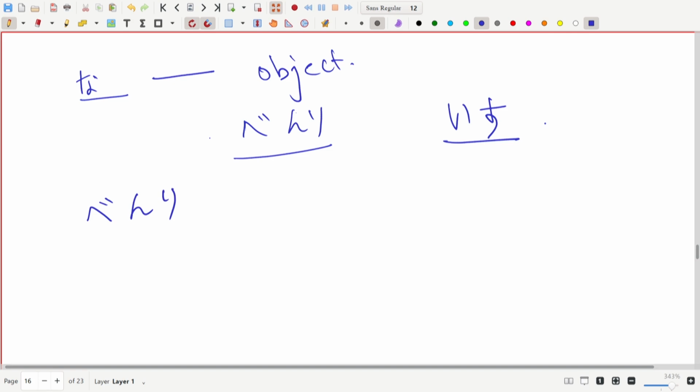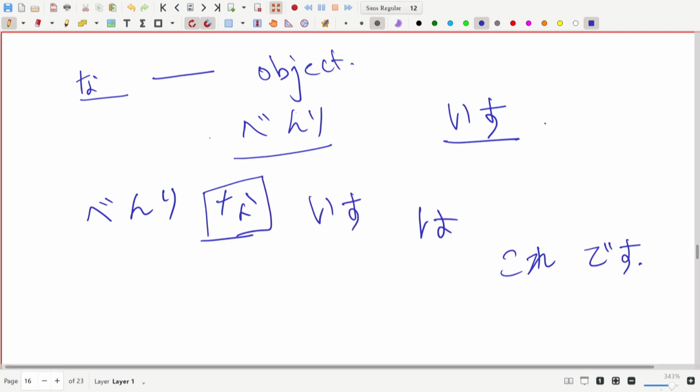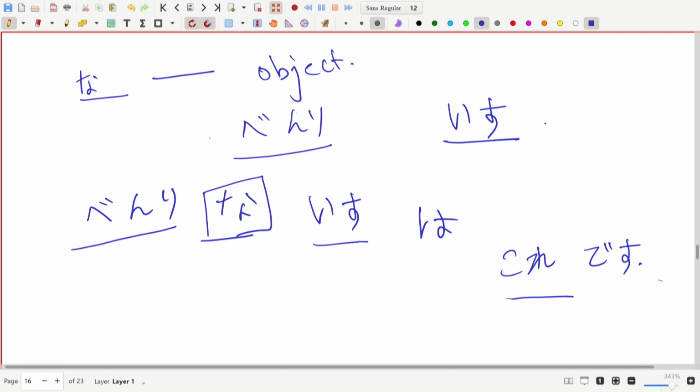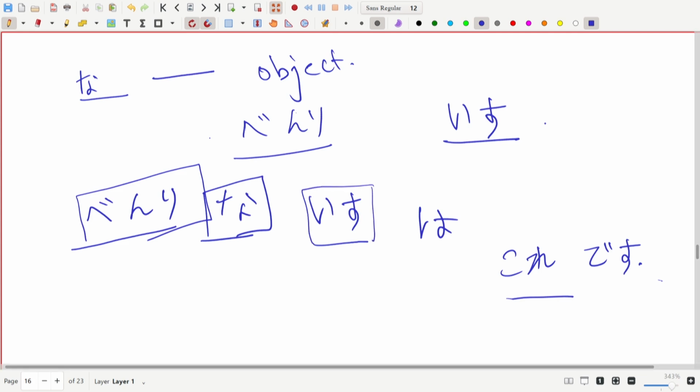This is kore. So benri na isu wa kore desu. Convenient chair is this. So basically when na type adjectives comes before any object, it will take particle na. So in between particle na will come.